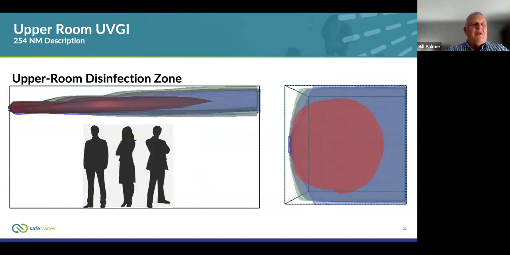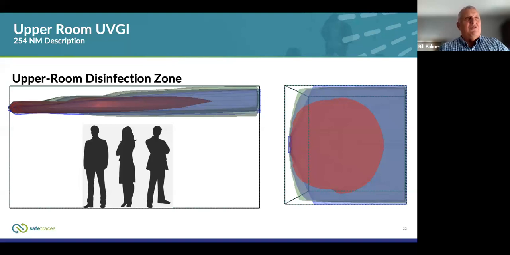So what's probably not readily apparent in the previous pictures is how much we're actually flooding the upper portion of the room with UV light. And this is important because the effectiveness of upper room UV is a function of time and intensity. So the longer the period of time that an aerosol is exposed to UV energy, the greater the disinfection, and the higher the intensity, the greater the disinfection.